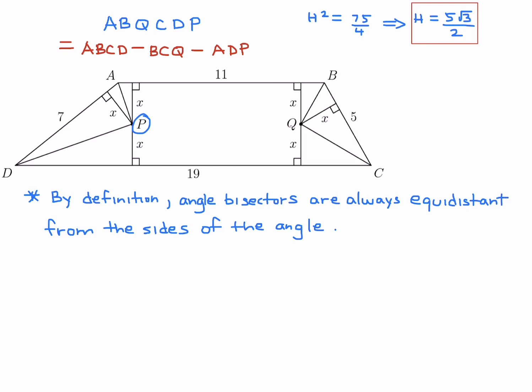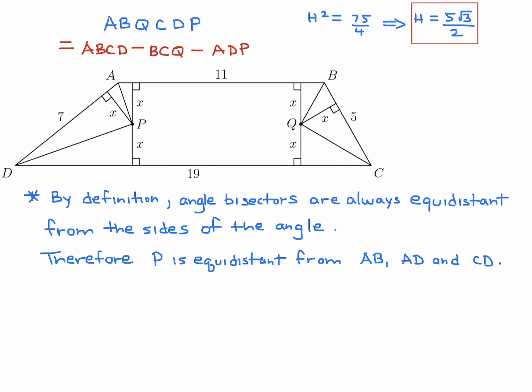So based on that principle, P will be equidistant from AB, from CD, and from AD. And that is why we were able to put x's there, since P is equidistant from those three sides. Okay, and in a very similar way, we'll label the same kind of story over there for Q.